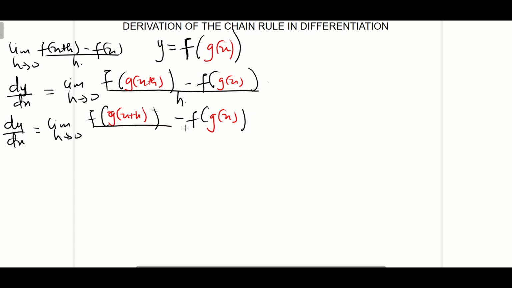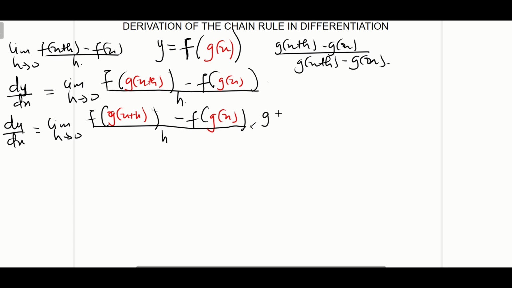Now over here, I'm going to multiply the whole function by 1. Whenever we have g of x plus h minus g of x, all divided by g of x plus h minus g of x, when you have something like this, it is still 1. The numerator and the denominator are the same, so they cancel out, so it's still 1. So I'm going to multiply the whole of this with the 1 over here.